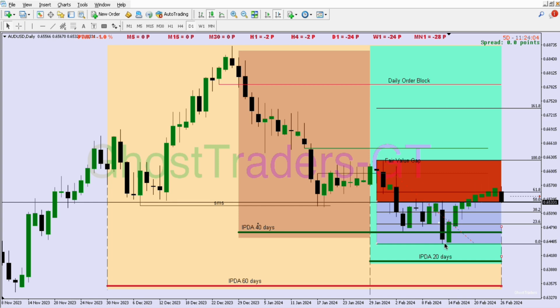So it will make sense for us here, since we have already identified our discount versus premium, to actually take any sell trade or sell position here, because we have already established that our shift in market structure is bearish. Okay, so let me just shift and go to the 4-hour time frame.